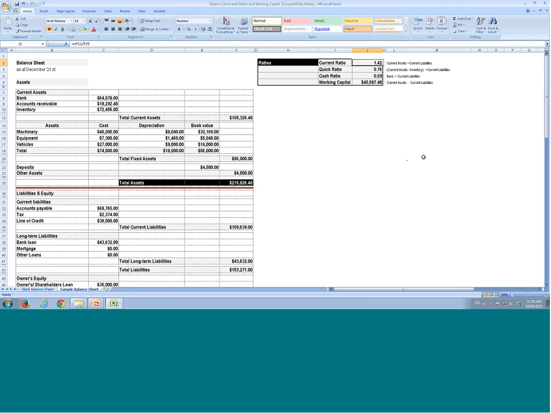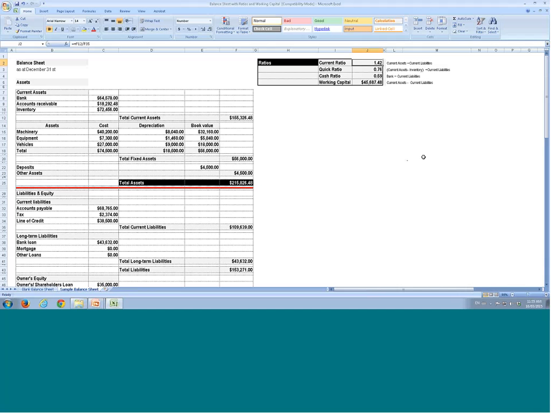Then we have a thing called a quick ratio, which is also your current assets divided by your current liabilities, except that you deduct the inventory from your current assets. And the reason you would do this is if you're in a business where the inventory is not that easy to turn into cash. Okay, so that's the reason your bank would use that quick ratio.